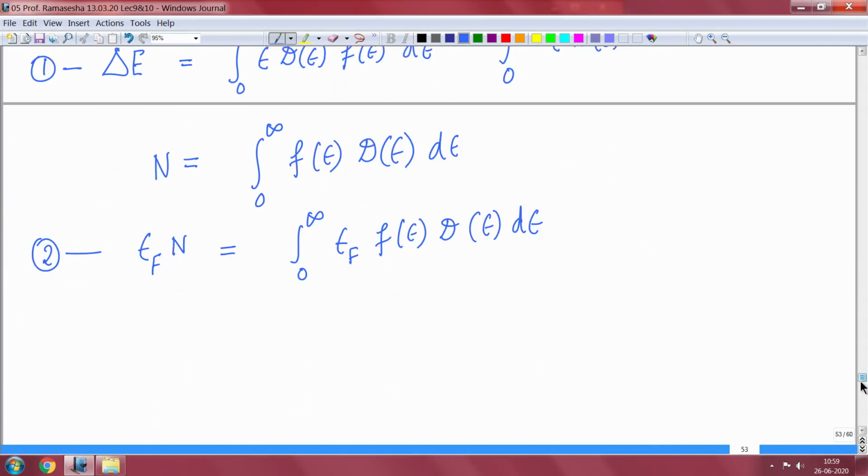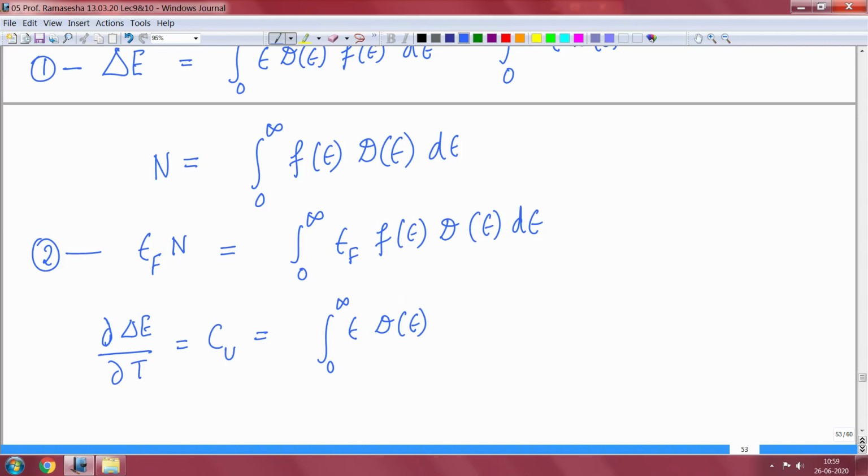If I differentiate the first equation with respect to T, then what I will get is the specific heat. So d delta E by dT is equal to the specific heat, which is the integral from 0 to infinity of epsilon D of epsilon times df of E by dT dE. The energies of the eigenstates and the density of states are just constants for the given system, so they do not depend upon temperature.